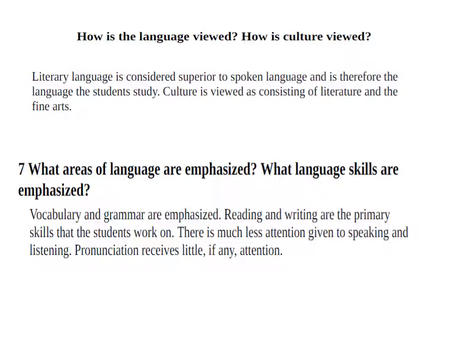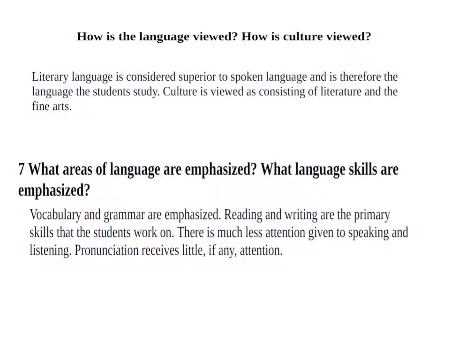Language is viewed as the language of the literature of the target language, while culture is viewed as consisting of literature and fine arts. The students are supposed to understand the cultural aspects of the community of the target language by studying literature and fine arts of the target language.